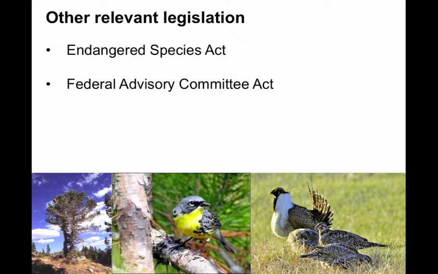The flip side of this is that if you are engaged with your stakeholders early and often, which is part of that adaptive management process, you can help to ensure that you're not going to miss some important legislative policy at the federal, state, or local level.